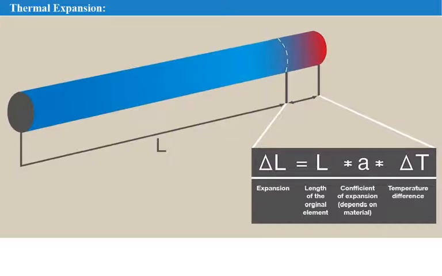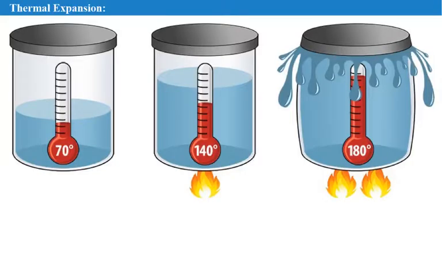So the coefficient of linear expansion is in a table for every material, and delta T is by how much the temperature of this bar has changed. Here's another example where you can see the expansion with the temperature. So in this case, you see the volume expansion, and the volume expansion has a different formula, and so does the area expansion. So let's look at the formulas so we understand how to use them.